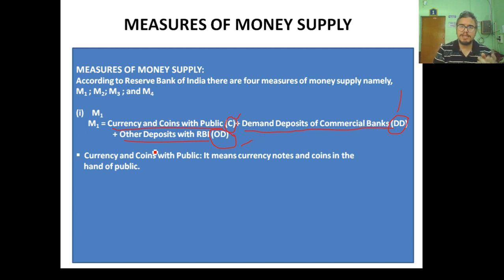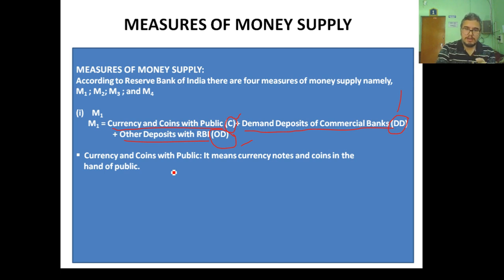Coins like metallic money, 1 rupee, 2 rupee, 5 rupee, 10 rupee, etc. And currency notes like 5 rupee notes, 10 rupee notes, 100 rupee notes, etc. So there is no confusion at all with this first part. It is similar to the component of money which we discussed in our previous class.